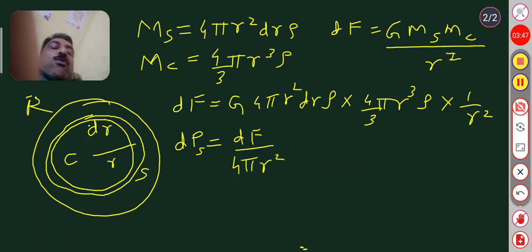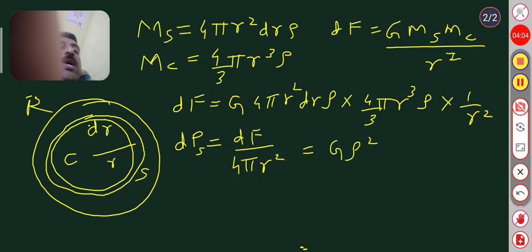When you divide this, you will get G rho square into 4 by 3 pi r.